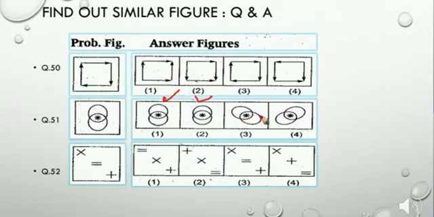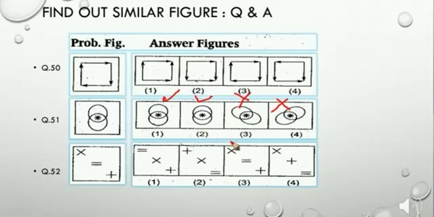In option 3 this is not the same because the angle at which these two circles are placed is not the same. Similarly in option 4 also the angle of these two circles is not the same. So option either 1 or 2 is correct.